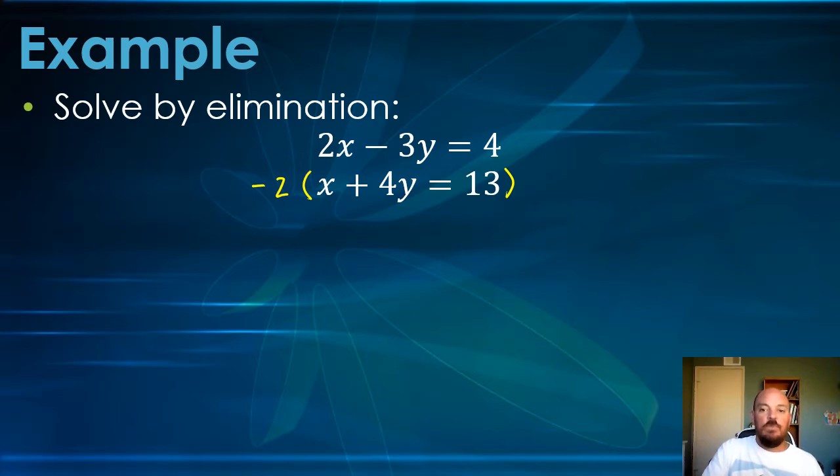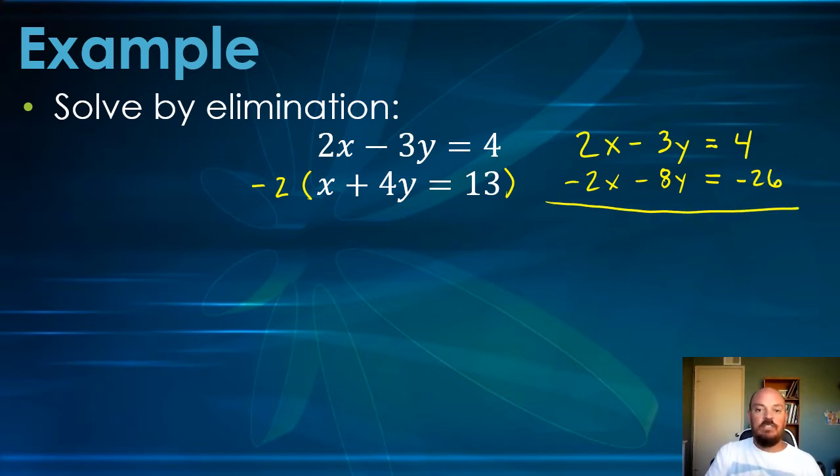I'll write it next to it, just to save a little space for the work. I'm going to leave the first equation, 2x minus 3y equals 4. And I'm going to take the bottom equation and multiply each part times negative 2, kind of like a big distributive property. Negative 2 times x is negative 2x. Negative 2 times 4y is negative 8y. Leave the equal sign. And negative 2 times 13 would be negative 26.